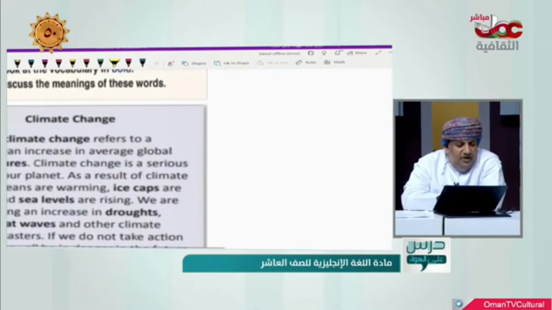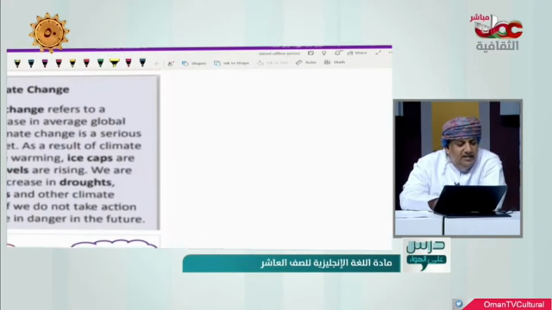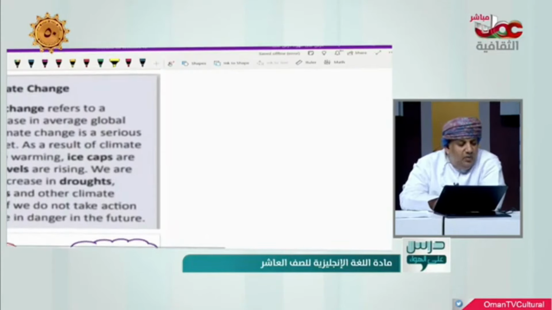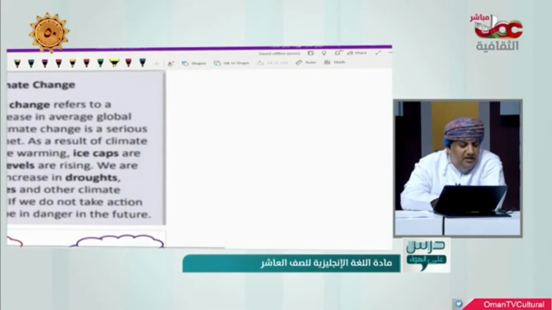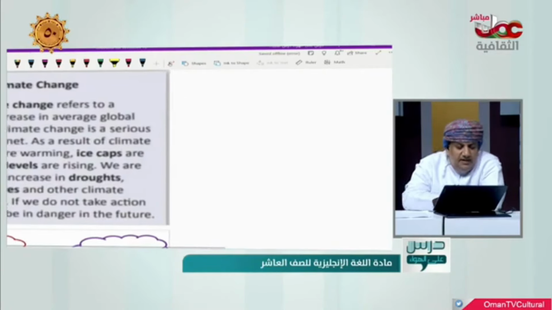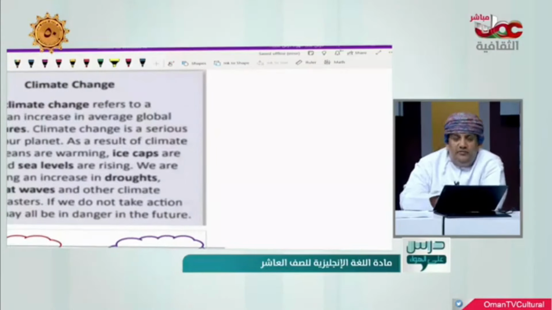As a result of climate change, oceans are warming, ice caps are melting, and sea levels are rising. We are experiencing an increase in droughts, floods, heat waves, and other climate-related disasters. If we do not take an action now, we may be in danger in the future.